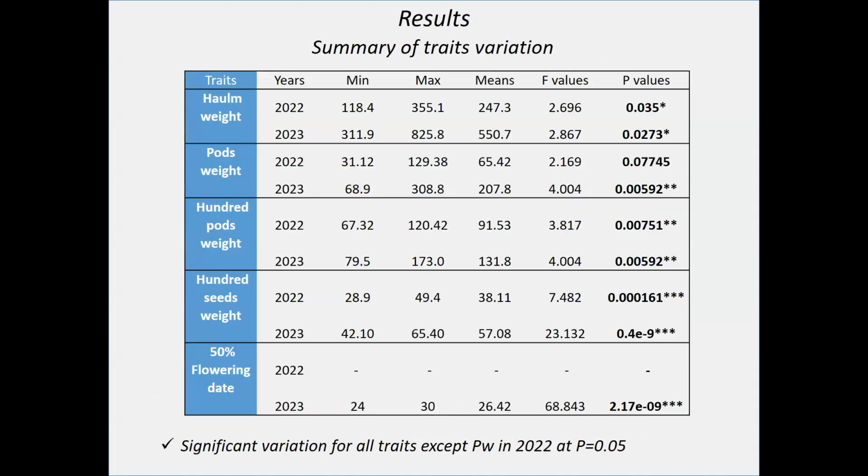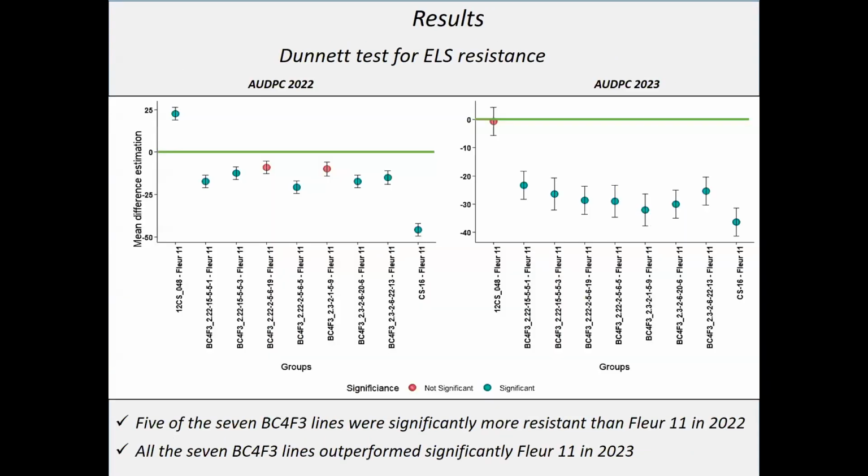Here is the summary of the analysis of variance for the rest of the traits. In general, we observed significant variation for all these traits at the 5% threshold, except for pod weight in 2022. With the LS means obtained from the models, we performed a t-test to compare Fleur 11 and each line. And here is the graphical representation of the test for leaf spot resistance in both 2022 and 2023.